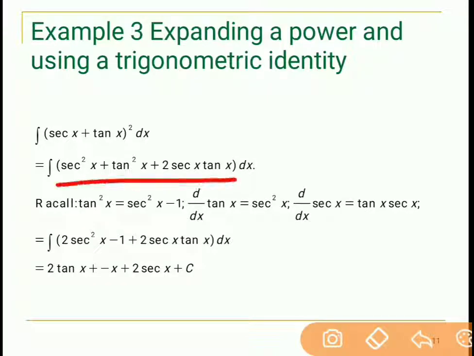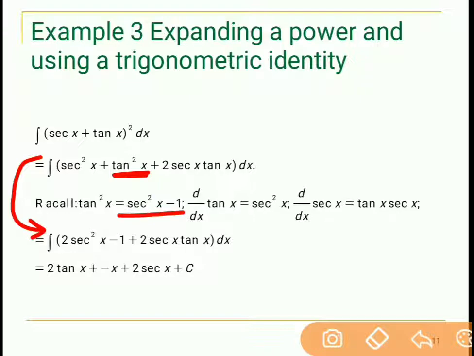So converting this trigonometric function into the given identity, that is 10 square can be written as sec square x minus 1, and 2 sec x into 10x, it can be written just as it is. So we can just replace this and come to this equation. 10 square is replaced with sec square x minus 1. So you will get 2 times sec square x minus 1 plus 2 sec x into 10x.